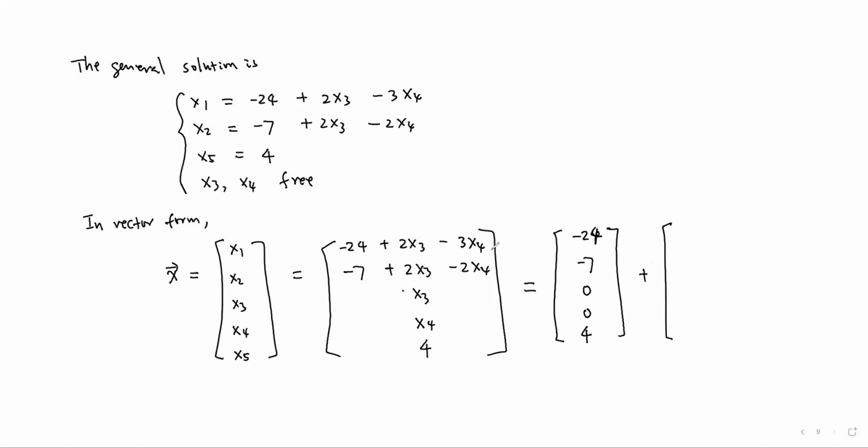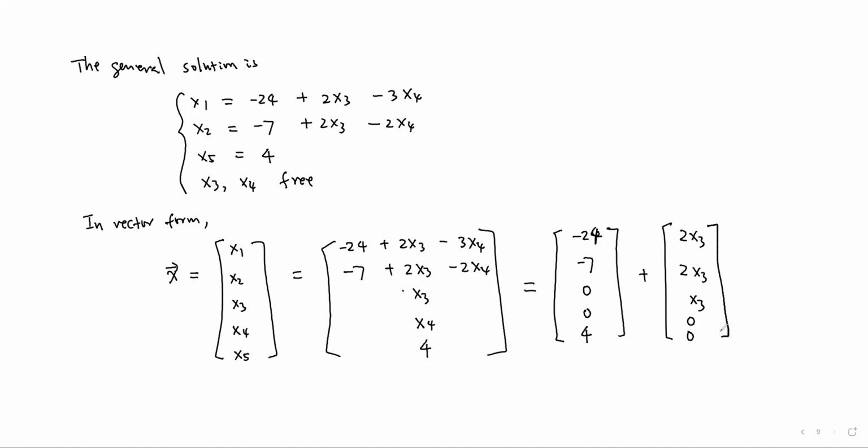We have two free variables, x3 and x4. Now the second column is for x3. So 2x3, 2x3, x3. Now the fourth entry has no x3, so put a 0 here. The fifth entry, no x3, put 0.